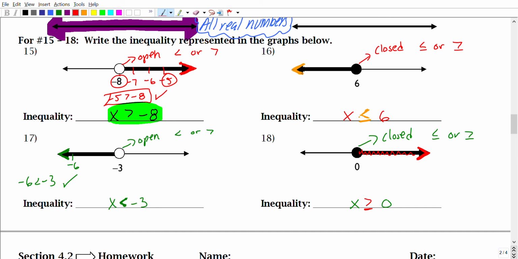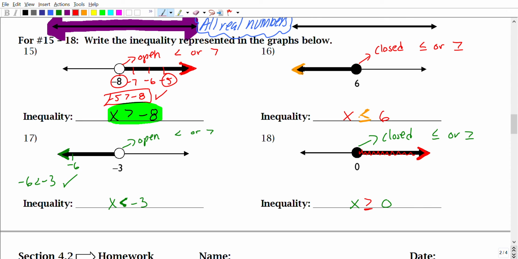Remember, to recap this entire section, understand that solving equations and solving inequalities are similar yet different. They are similar in terms of following the same steps.